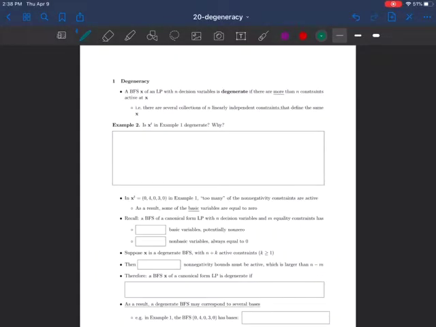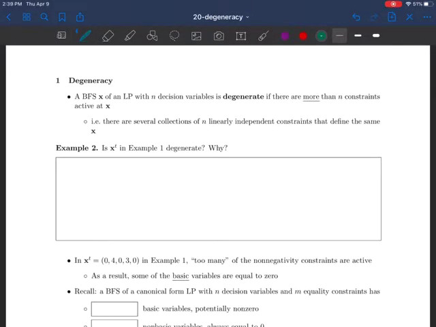This gets at the point that we have to worry about, which is, do we ever finish? Now, the thing that we just observed was a result of something called degeneracy. Degeneracy means, for a basic feasible solution, the definition is that there are more than n constraints active at x. Recall that definition. The definition of basic solution had two parts.